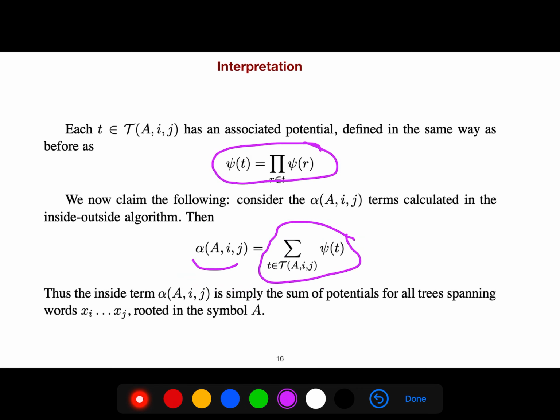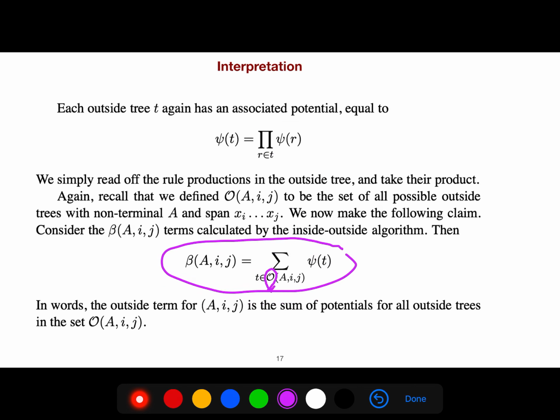Alpha is the inner side, a summation of the inner side, but beta is the outer side. Of course, alpha and beta in most of the texts are quite the opposite, but it's just a name, alpha and beta, doesn't matter. The important thing is the concepts that I'm talking about in dynamic programming, and creating a recursive structure. These variables you can say even psi and zeta and anything you like.